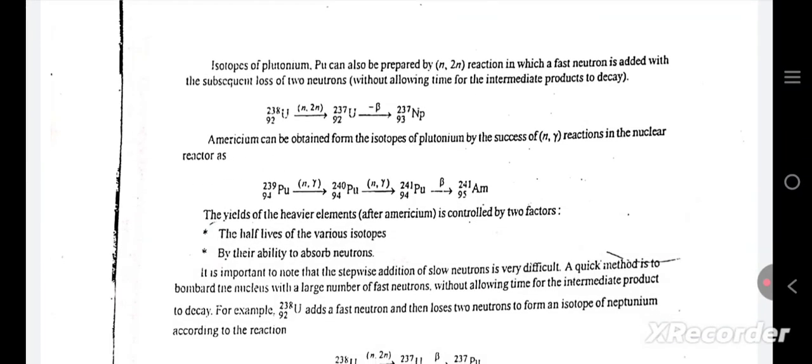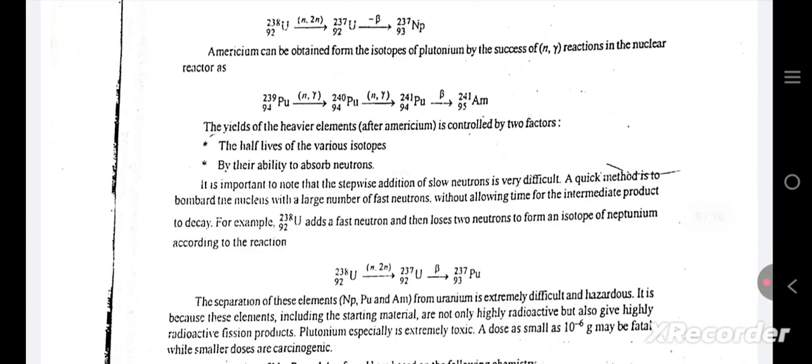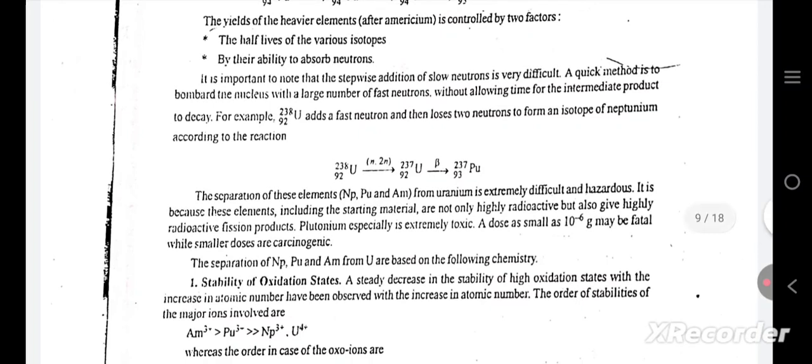Isotopes of plutonium Pu can also be prepared by reaction in which a fast neutron is added with the subsequent loss of two neutrons without allowing time for the intermediate products to decay. Americium can be obtained from the isotopes of plutonium by successive reactions in the nuclear reactor. The yields of the heavier elements after americium are controlled by two factors: the half-lives of the various isotopes and their ability to absorb neutrons.